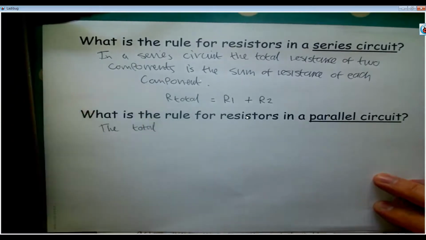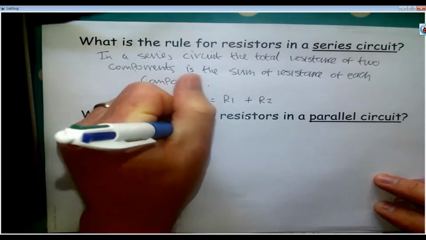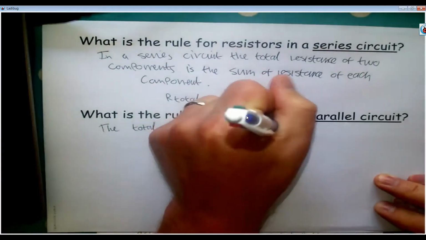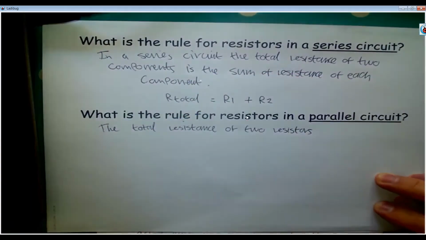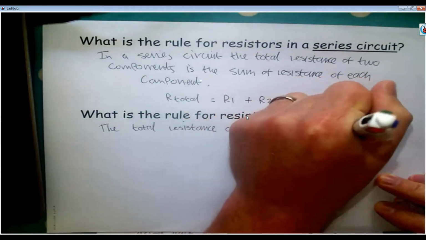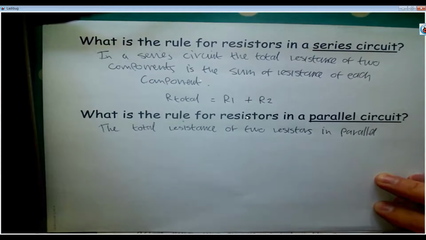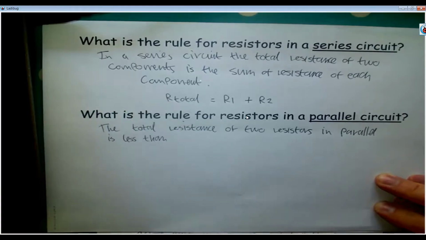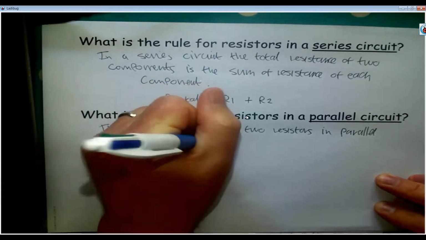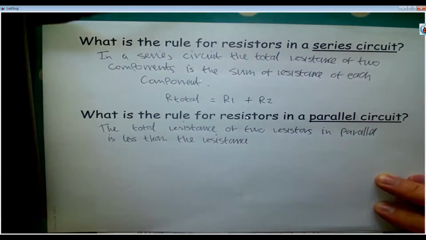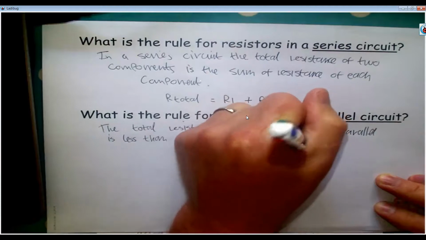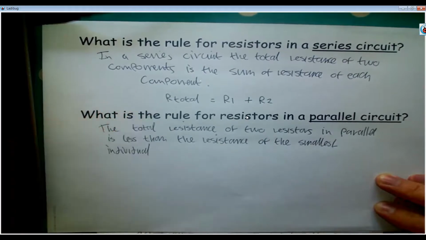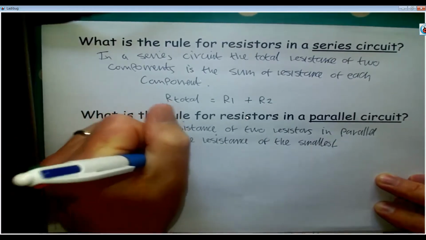The total resistance of two resistors in parallel is less than the resistance of the smallest individual resistor.